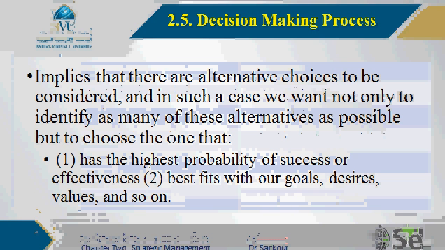Look at the decision-making process. As we said, decision-making means that we have alternative choices to consider, and we have to choose the one that has the highest probability of success or effectiveness, and that best fits with our goals, desires, values and so on.